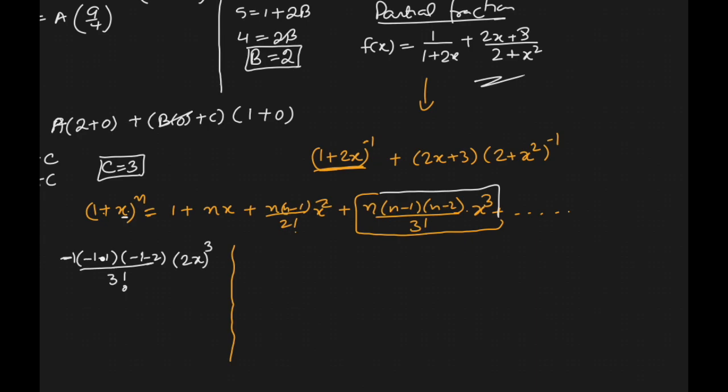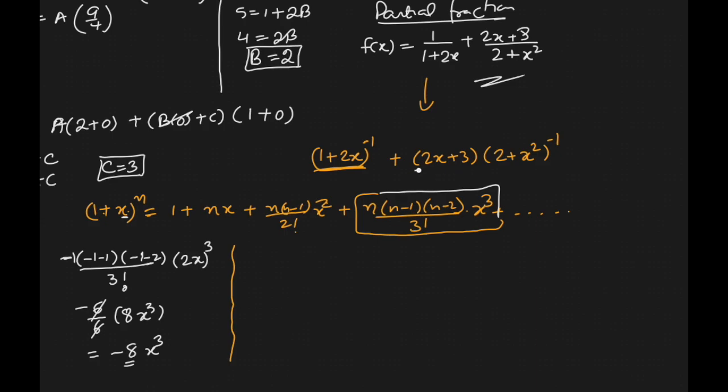So minus 1 times minus 2 becomes positive 2, times minus 3 becomes minus 6, over 3 factorial, which is also 6. 2 cube is 8, x cube is x cube. So they cancel, it becomes minus 8x cube. So the coefficient of x cube in this expansion is minus 8. We have to focus on minus 8, right?